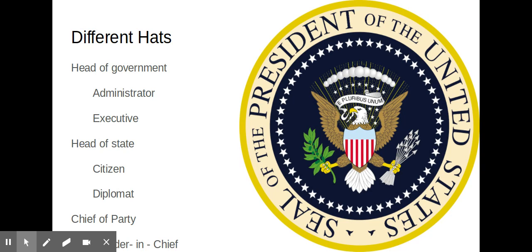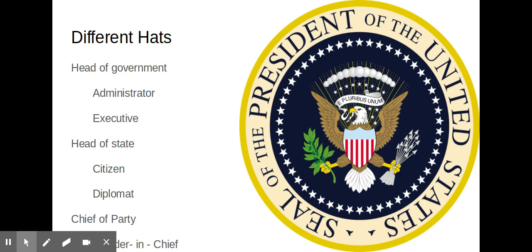But they're also the chief executive, which means they're enforcing the law. They're in charge of all the policing agencies, making sure that the laws that Congress passed are being followed. And so, through these two roles, chief administrator and chief executive, he's basically making sure the government's running.